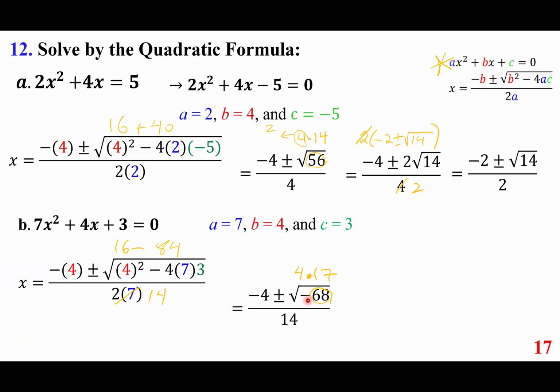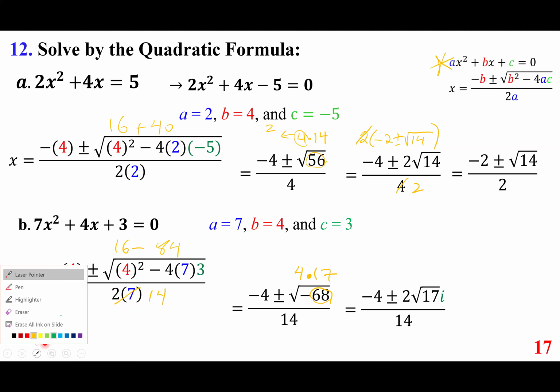Negative sign under the radical will be replaced by the i outside, where i is the square root of negative 1. 4 comes out as 2. Again, we see a common factor of 2. We factor it out.